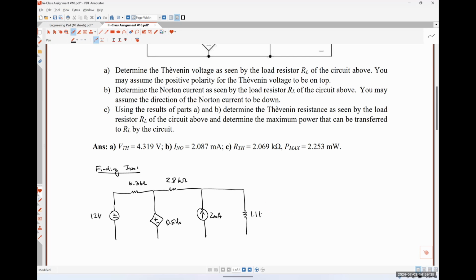Sorry, my penmanship is getting crappier than usual. And then here is our voltage Vx. Our Norton current is simply the current that's flowing down into the positive polarity terminal of our 0.5 Vx source. So what analysis method might you guys suggest to find I Norton here?